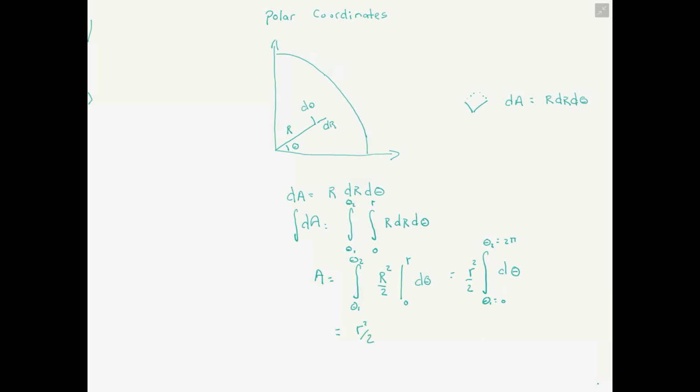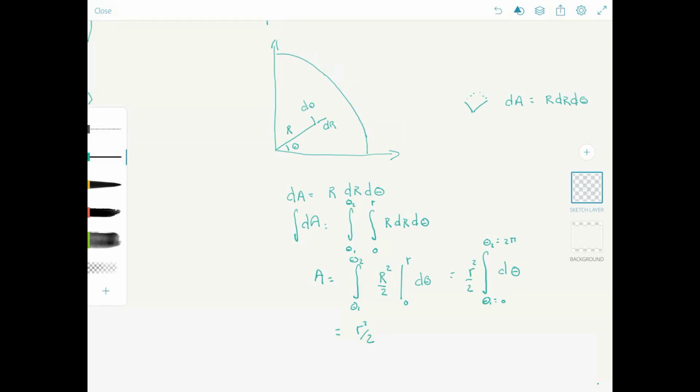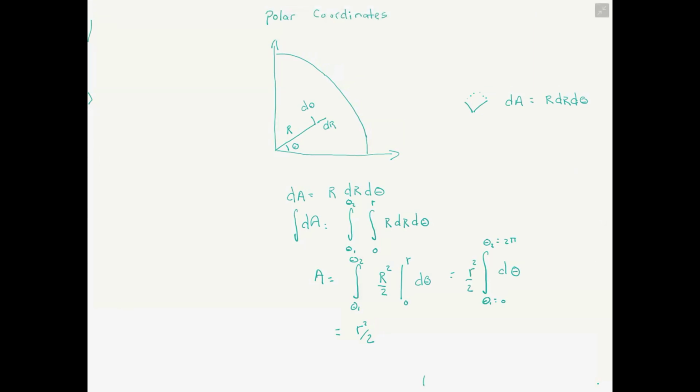So we have small r squared over 2 evaluated between theta equals 2 pi to 0. And that equals 2 pi r squared over 2. So we've proven that the area of a circle is pi r squared.